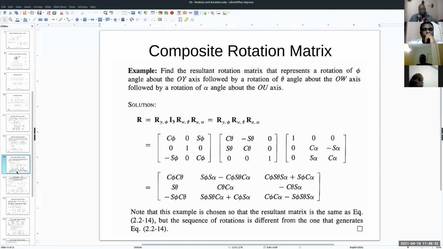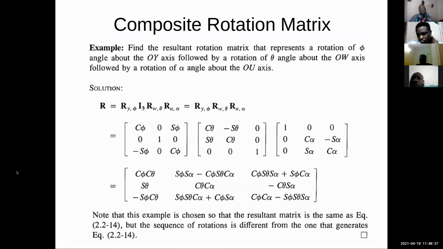So if you go now to composite rotation matrix, what it means is that, okay, can you please read, Musa?